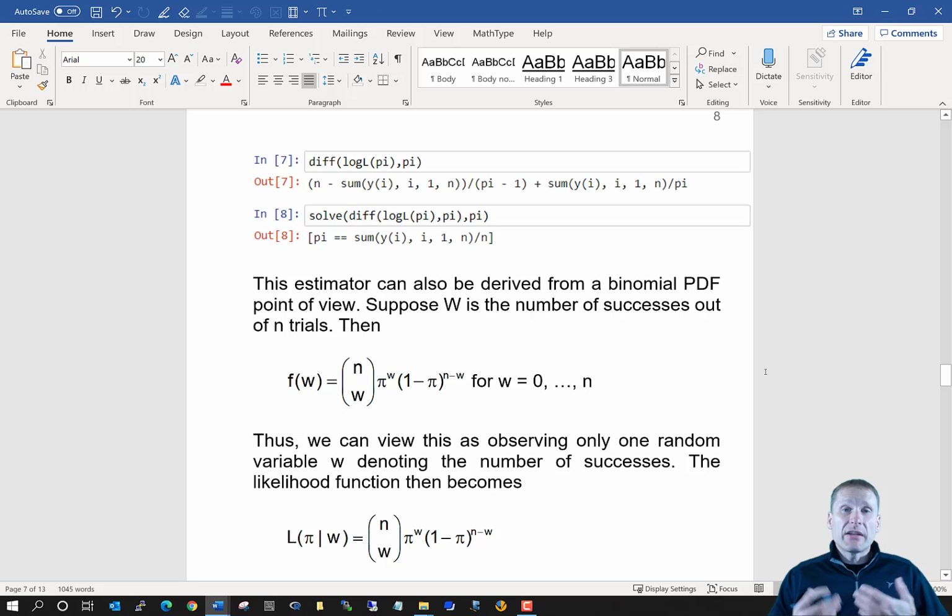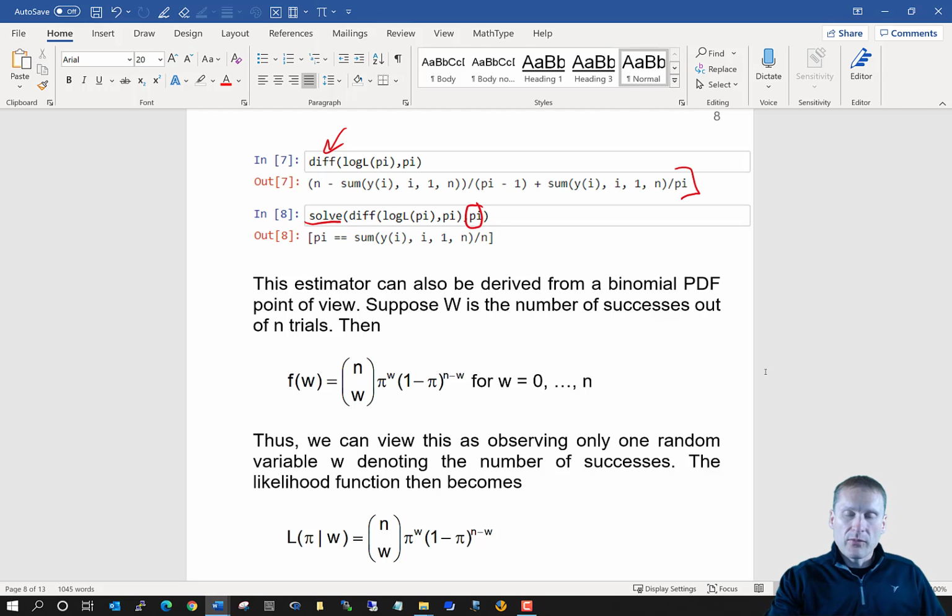Next, I take the derivative of the log likelihood function with respect to pi, and the way I do that is use the diff function. And this is the derivative there. You can match it up with what we had previously. And then I want to set this equal to 0, solve for pi. And the way I do that is I use the solve function.